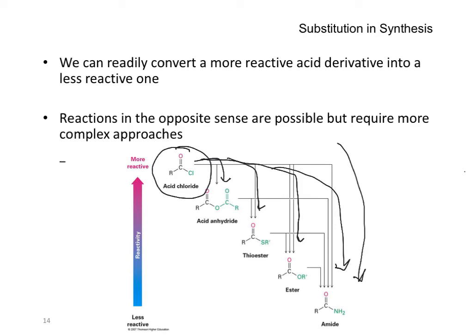So water can only fall down. The higher it is, the more reactive it is, and it can be converted into the more stable form of the carboxylic acid derivatives, not the other way around.